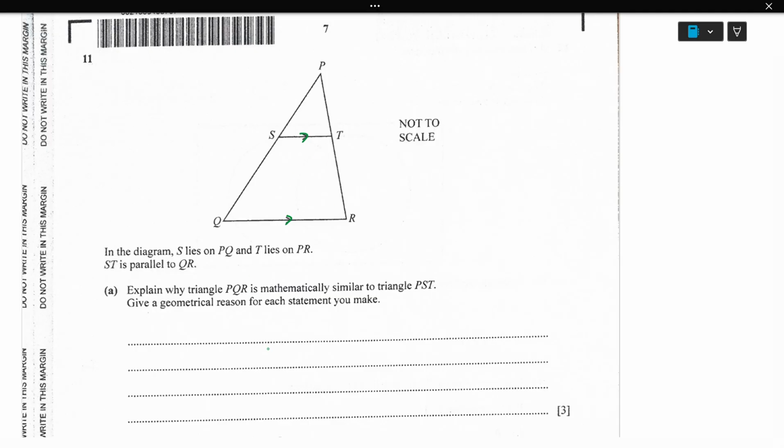So the first reason we can say these two triangles are similar: P is common. The small triangle is PST, and the big triangle is going to be PQR. Also the reason is given, this and this are parallel. So the first one is angle P is common angle for both.